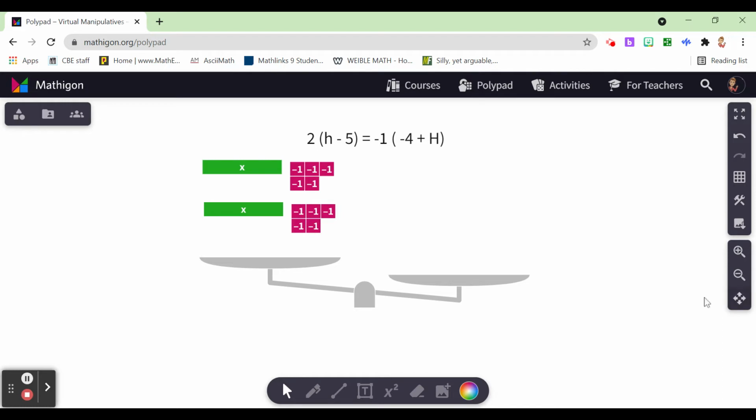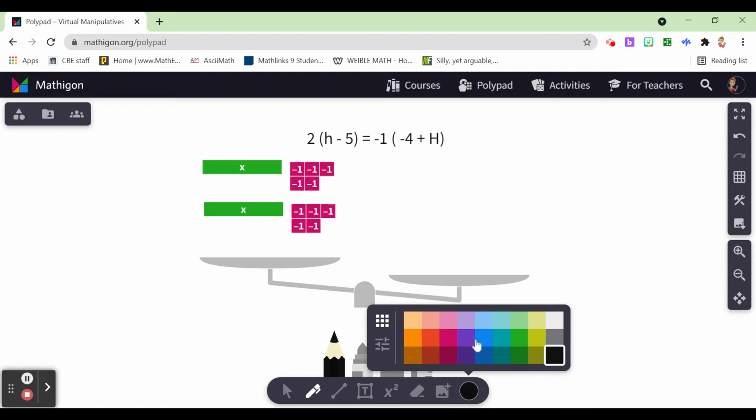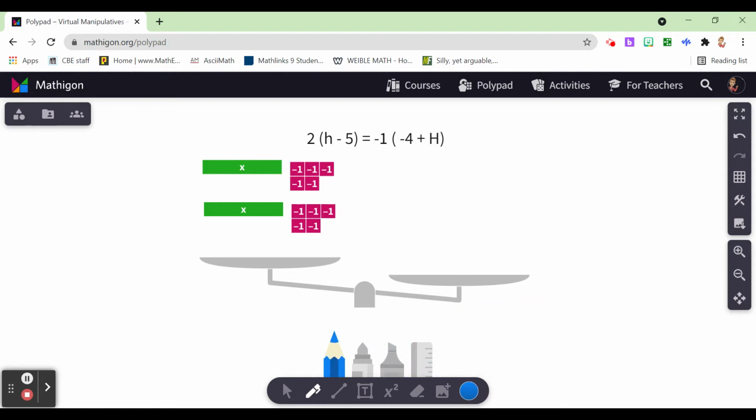Okay, and if I look at that, what I've done is I've taken this 2 and I've multiplied it. I've doubled the h's and I have doubled my negative 5. So I have 2h minus 10, okay, on that one side.